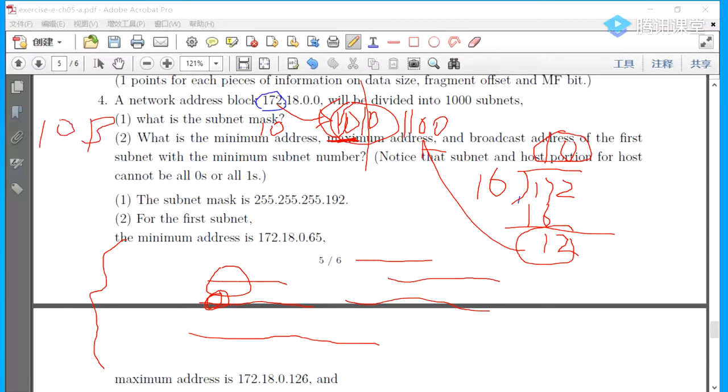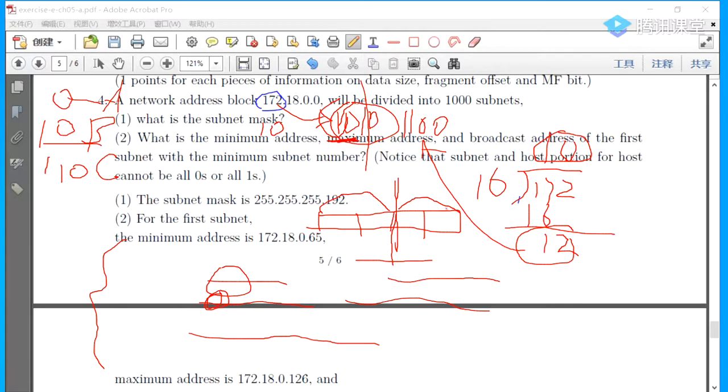A class begins with 0, B class begins with 10, and C class begins with 110, right? So it's B. An IP address has 4 bytes. For B class, the first 2 bytes are for the network portion, and the other 2 bytes are for the host portion.